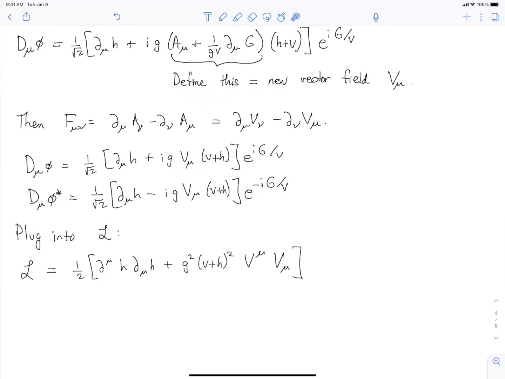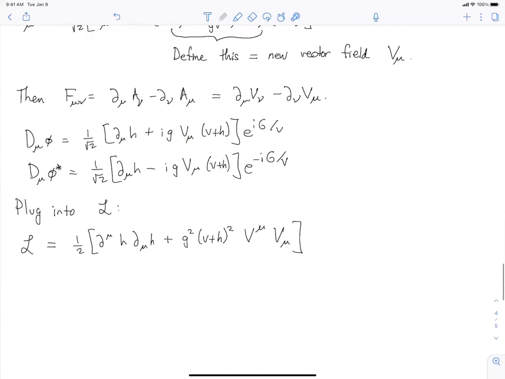Okay, so the cross terms here cancel because they have the opposite sign, and the plus i and the minus i give the g squared multiplying by the g, and so that's what you get. The f mu nu term stays the same. And then finally, there are some terms from the scalar potential which can be organized into the following.